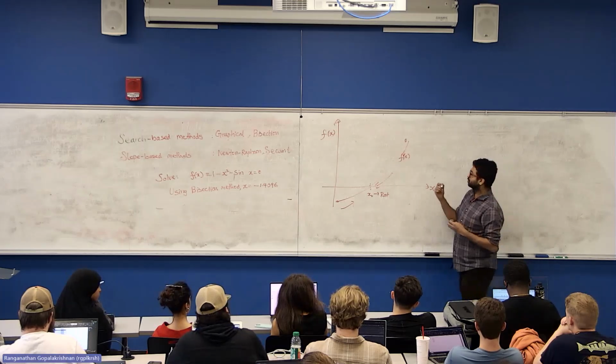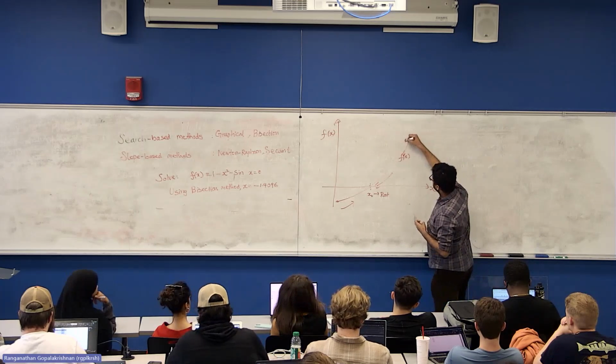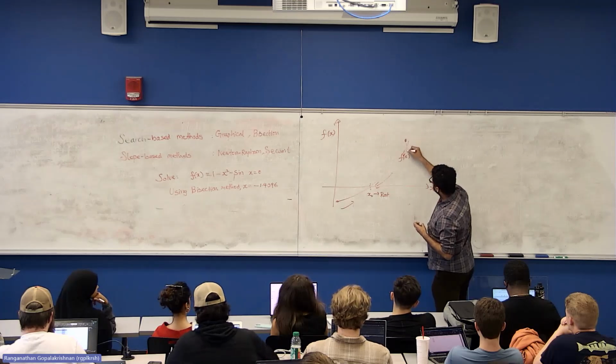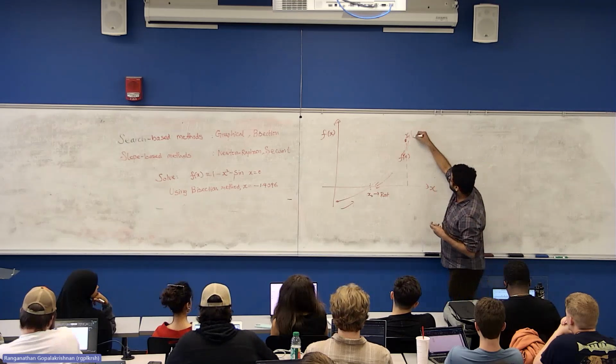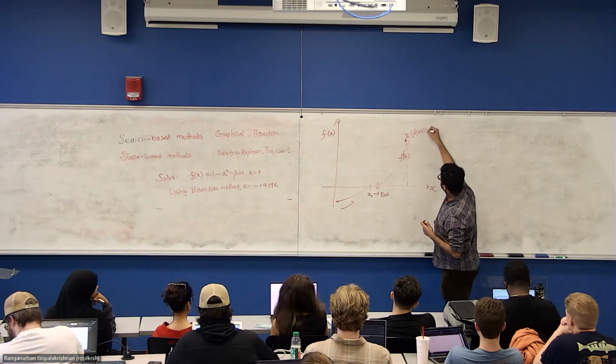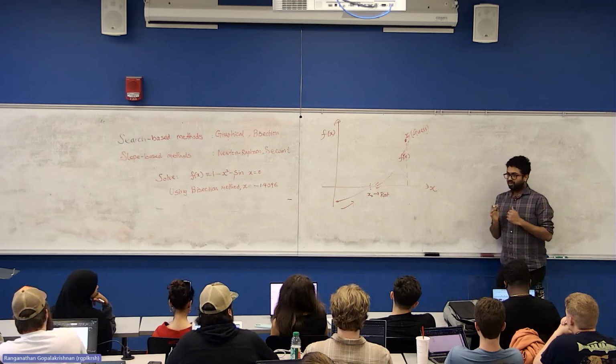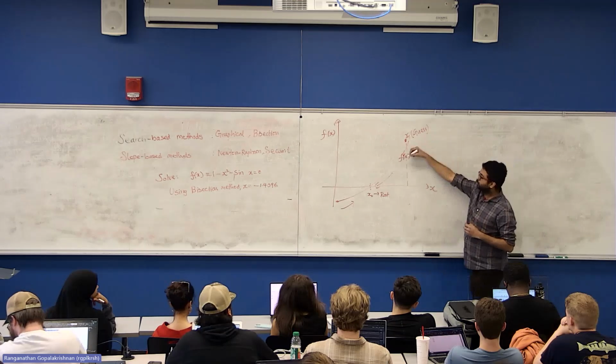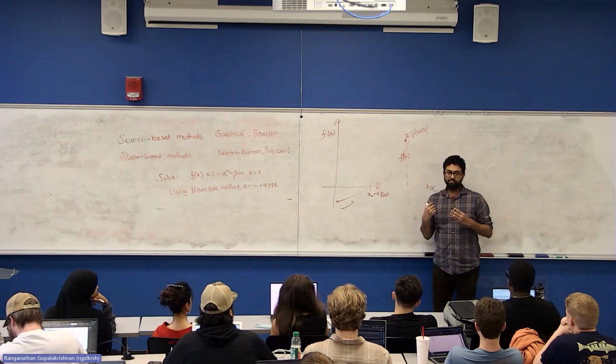So how do we do that? So let's say, for example, you are over here. Okay. At this point, let's say our initial guess is x1. This is our guess. If you want to go towards the root, how would you pick your next value?